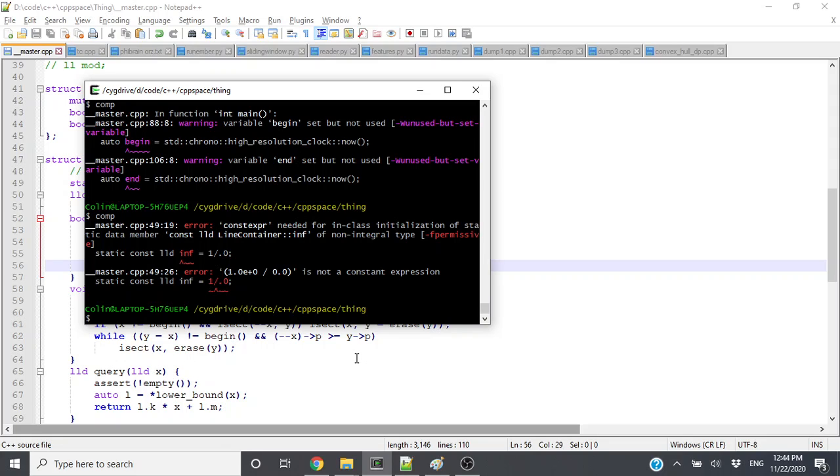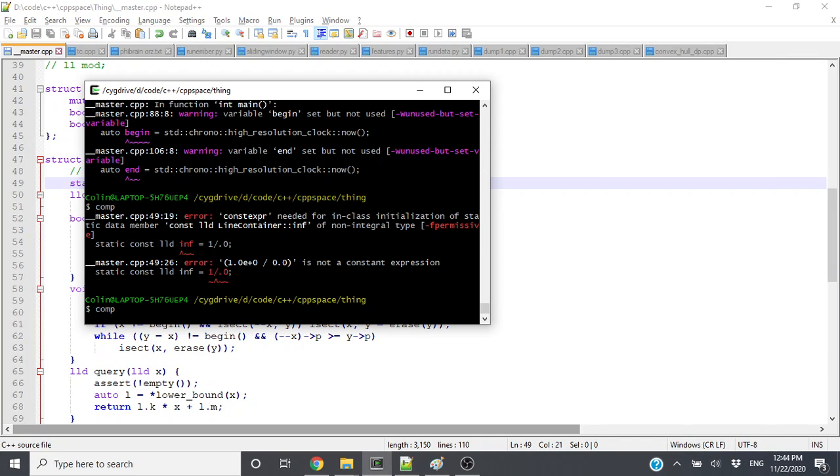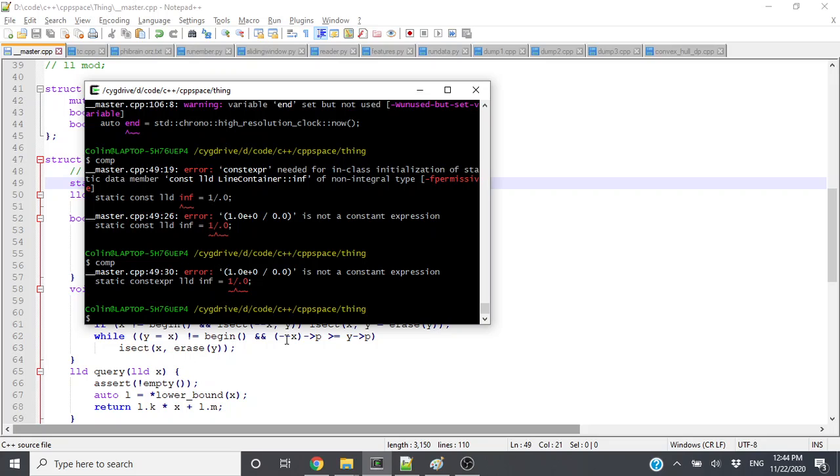What? Constexpr. Is that what you want? 1.0 over 0.0 is not a constant expression. What does that even mean?